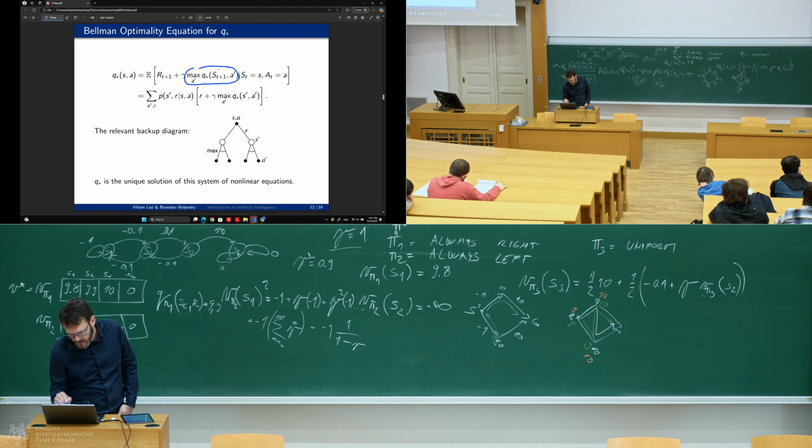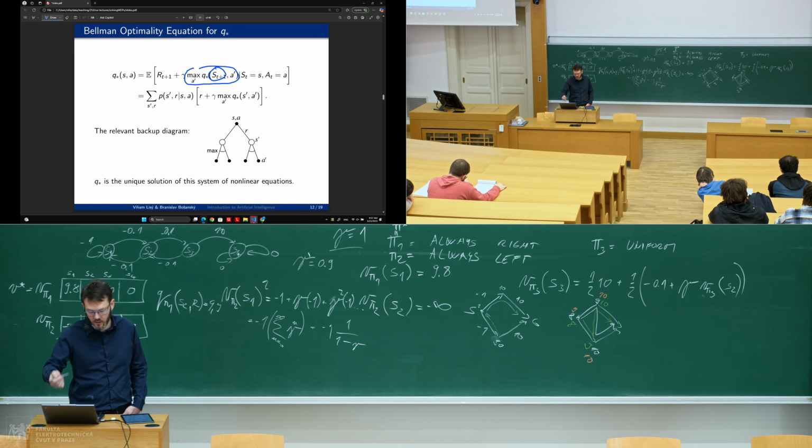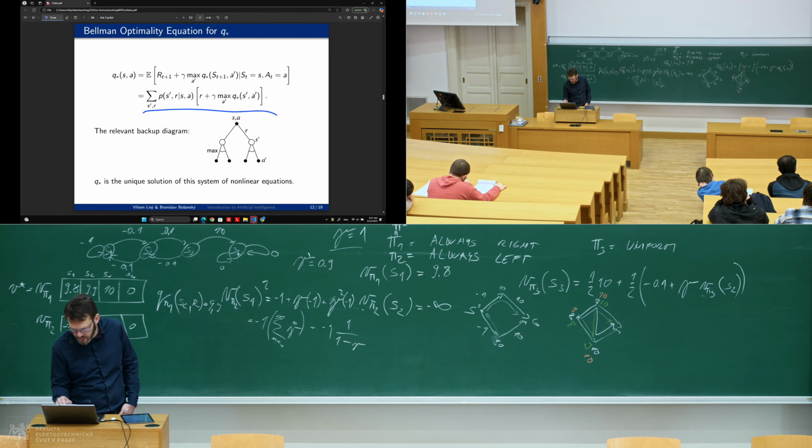And again, the state you will end up in is a random variable. That's why it's capital, because for the same action, you can end up in different states just based on random outcomes. So it's this kind of expectation. If you roll it out as a sum, it's a sum over the dynamics, the reward that you get, and the optimal action that you can perform in the following step.